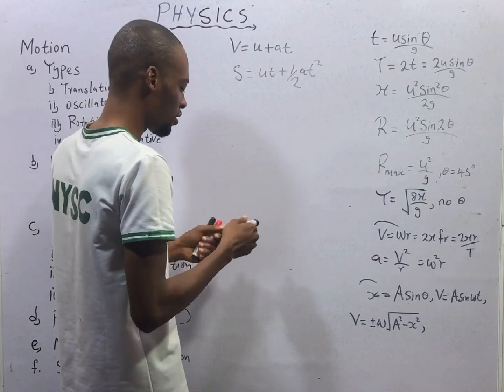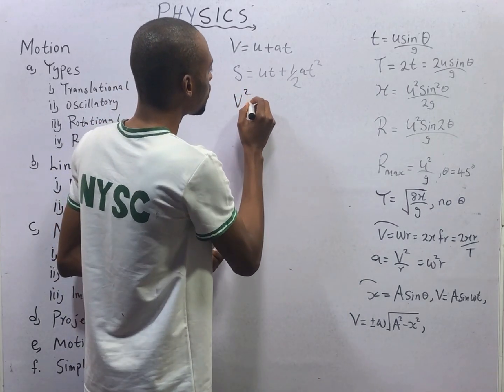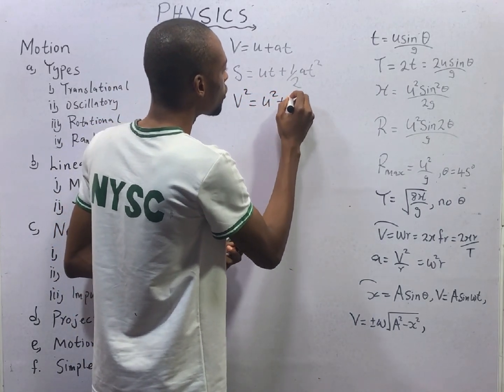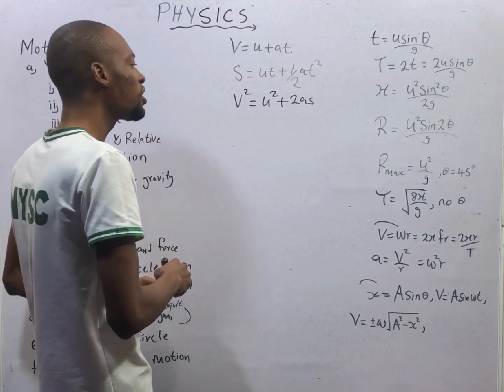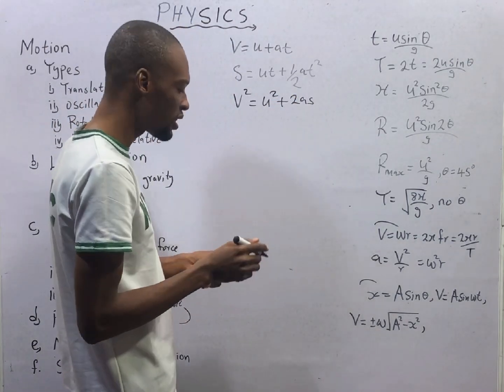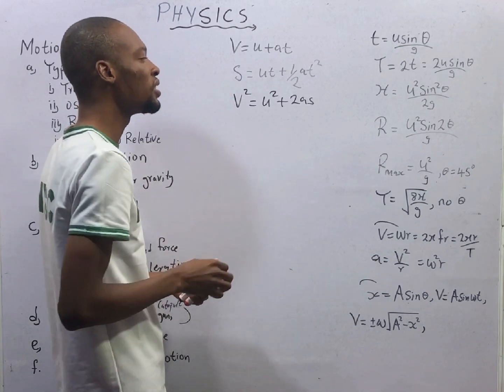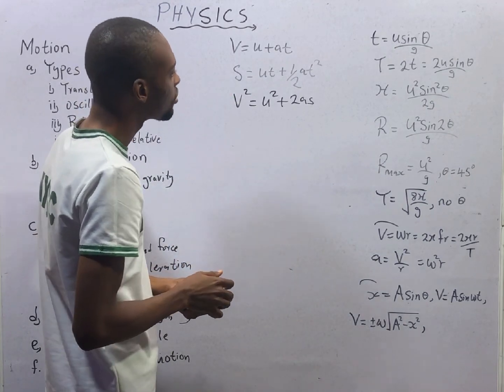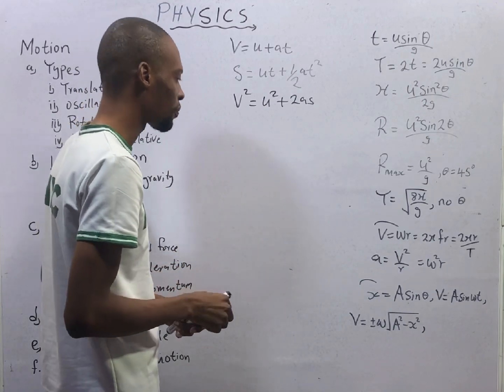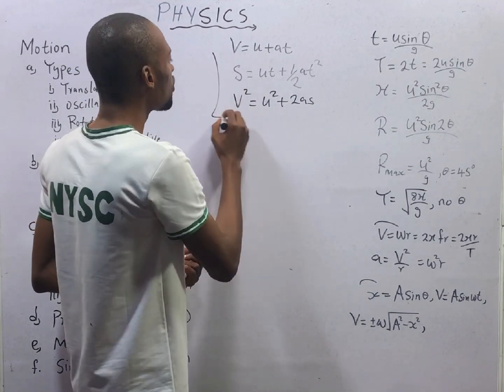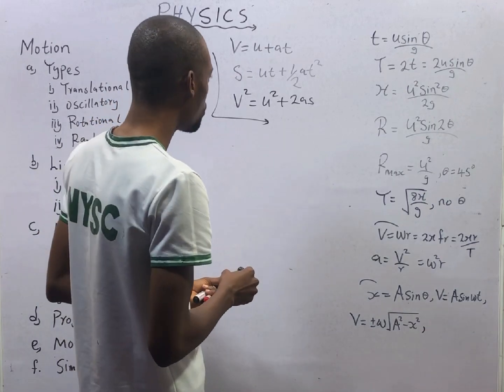The third is v squared is equal to u squared plus 2as, where v is final velocity, u is initial velocity, s is distance, t is time, and a is acceleration. These are the equations of linear motion.